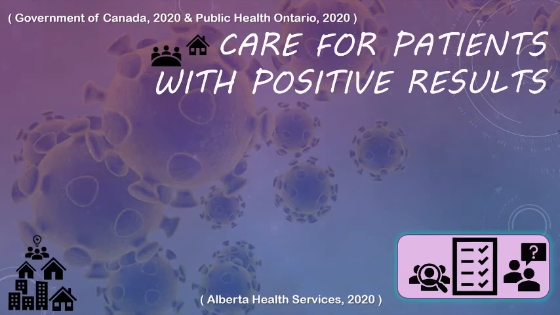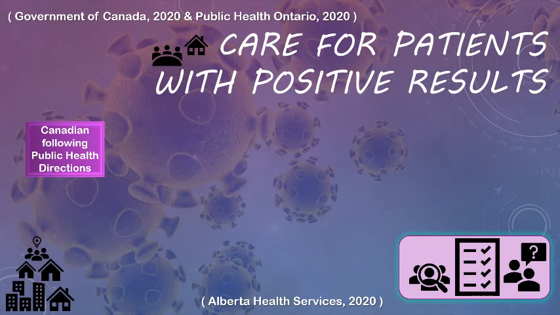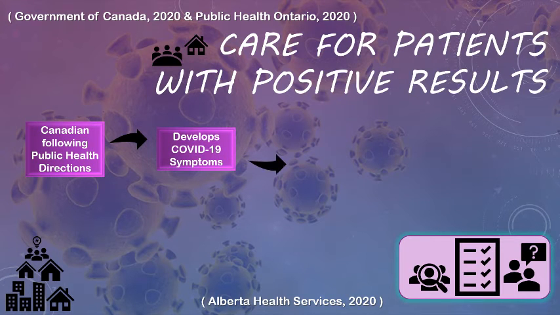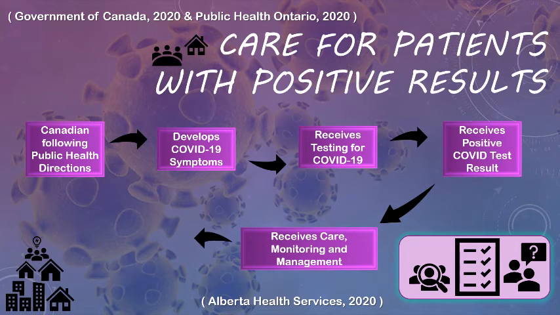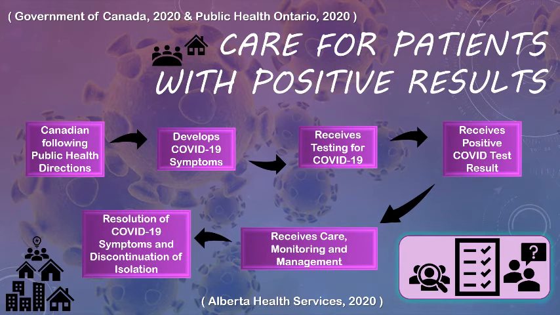Here is a roadmap created by the Canadian government on patients who tested positive for COVID. When a Canadian who follows public health directions develops symptoms of COVID-19, he or she gets tested for the disease right away. If he or she receives a positive result, he then receives care, monitoring, and management.